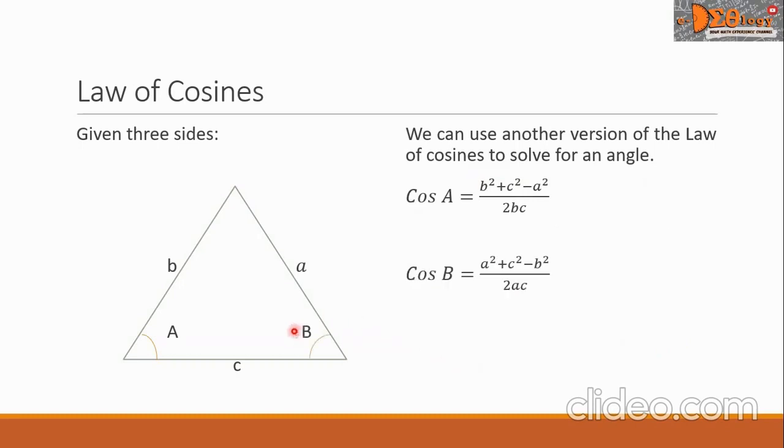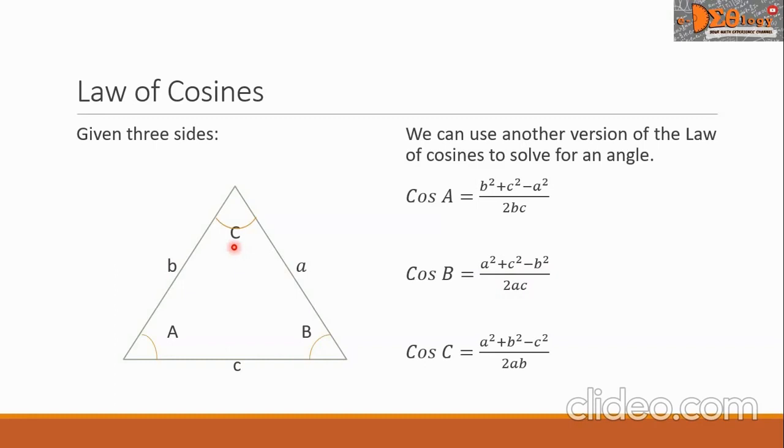Suppose we want to get angle B, we will use this formula: cosine B equals A squared plus C squared. These are now the adjacent sides. Then minus B squared, the opposite side, all over 2AC.